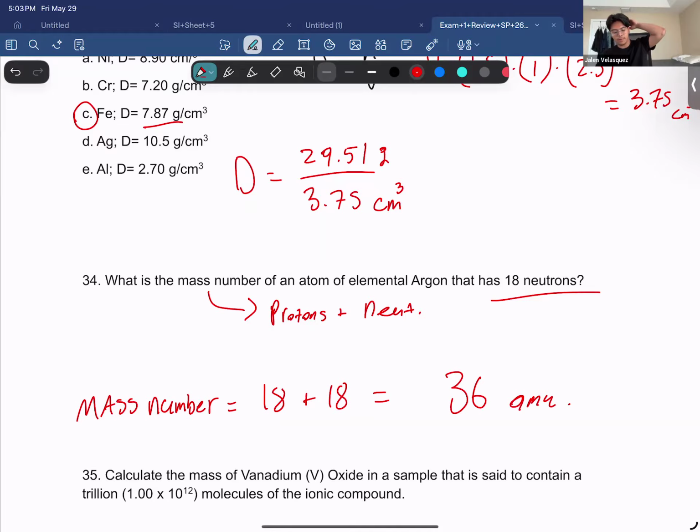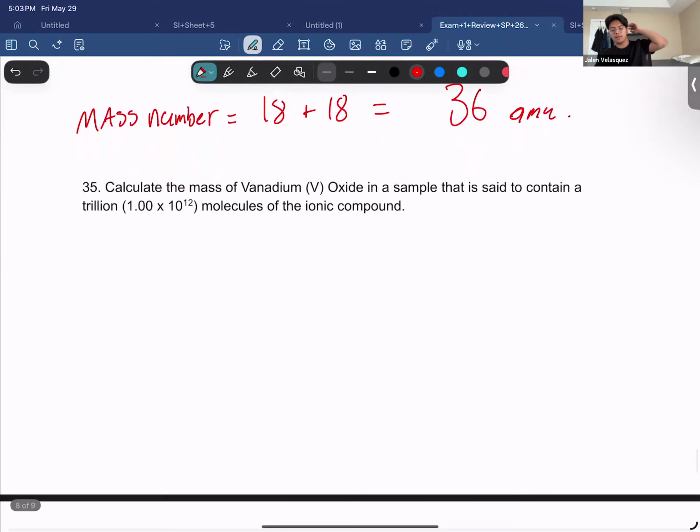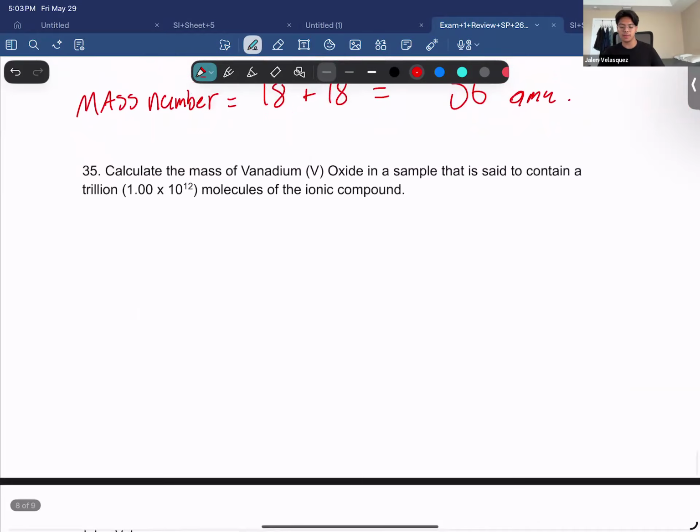Okay, and then finally, number 35, calculate the mass of vanadium 5 oxide in a sample that is said to contain a trillion, which is 1 times 10 to the 12 molecules of vanadium oxide. So I'm going from the molecules, 1 times 10 to the 12 molecules, converting that into the mass. Now there is no direct way to calculate from molecules to mass.